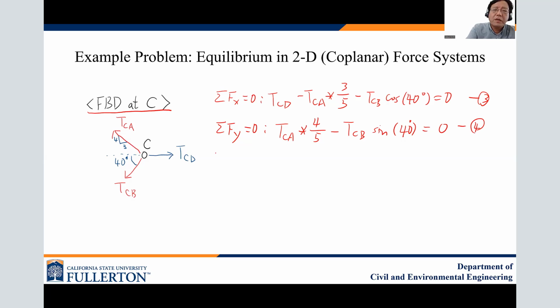So from 4, TCA equals 5/4 TCB sine 40 degrees. That means TCA equals 0.803 TCB.